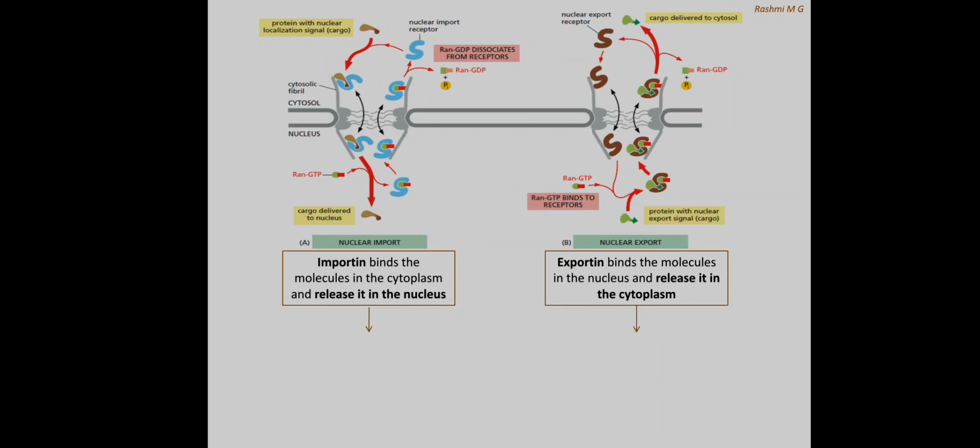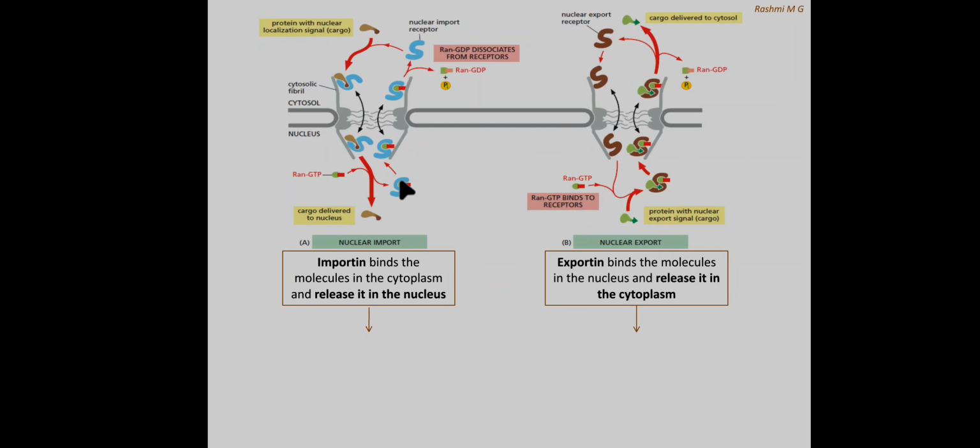So let us understand this mechanism through an image. See here, to begin with, the protein with the nuclear localization signal along with the nuclear import receptor comes to the cytosolic fibril and gets inside the nucleus through the nuclear pore complex, where RAN GTP comes and binds with that association, releasing the cargo to the nucleus.